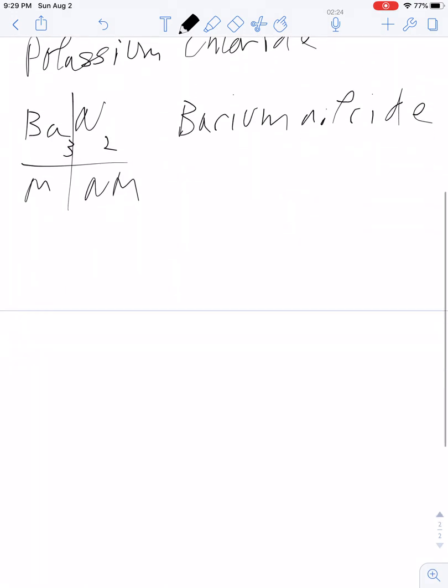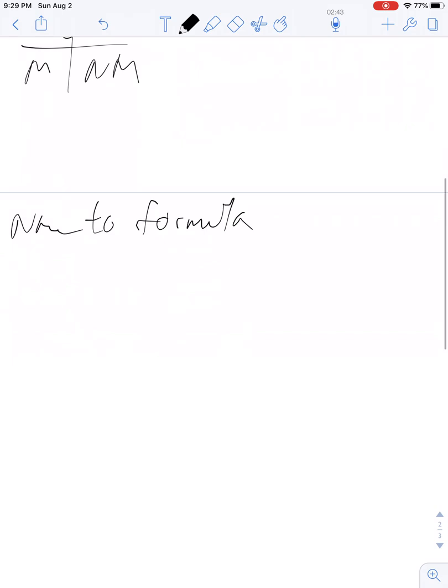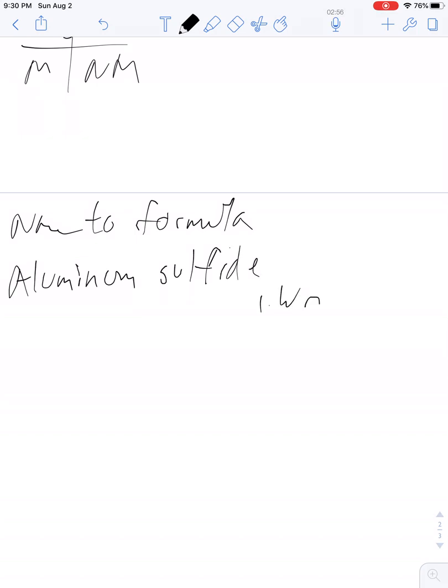How about going the other way? Going from name to formula. So let's try aluminum sulfide. So the first thing you do is write the symbols.